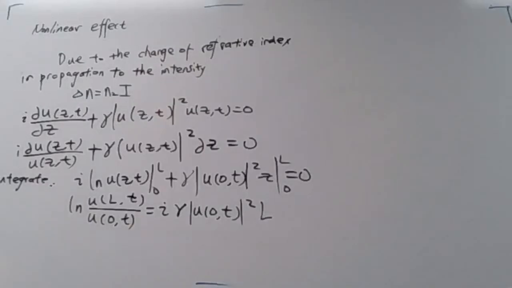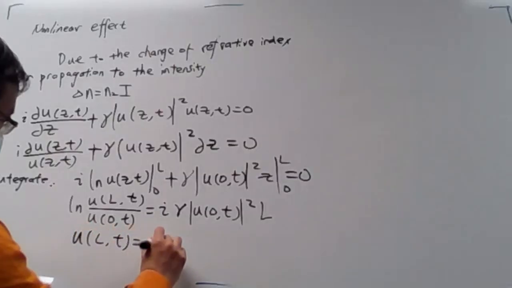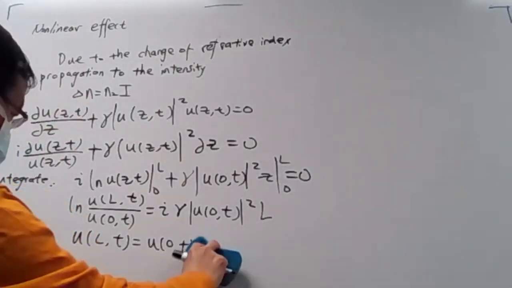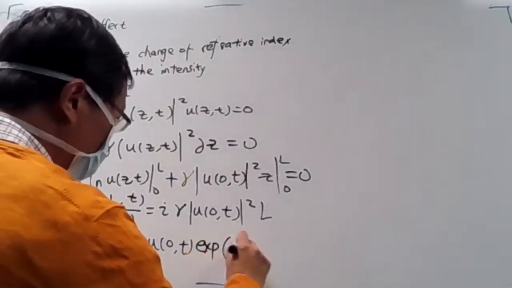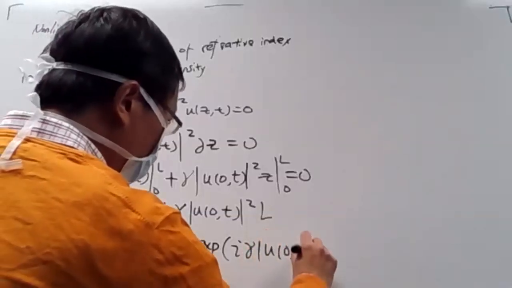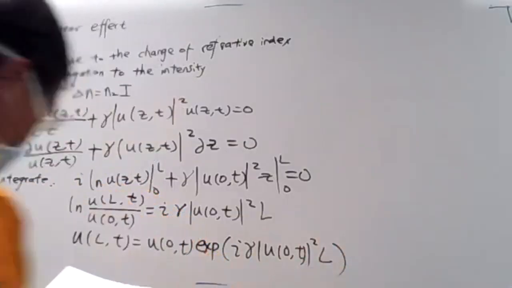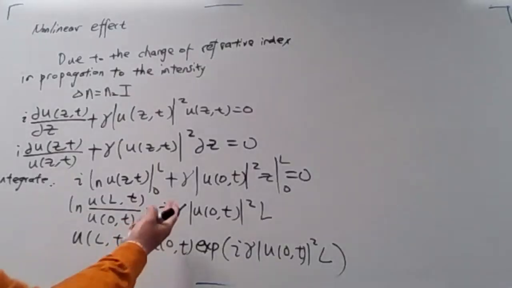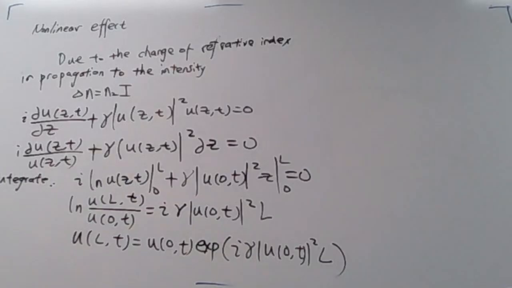Then we can take the exponential on both sides, so u(L,t) equals u(0,t) multiplied by exponential of i gamma absolute value squared of u(0,t) times L. We just take an exponential and multiply u(0,t).